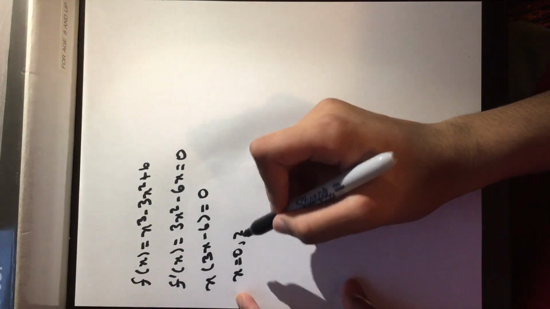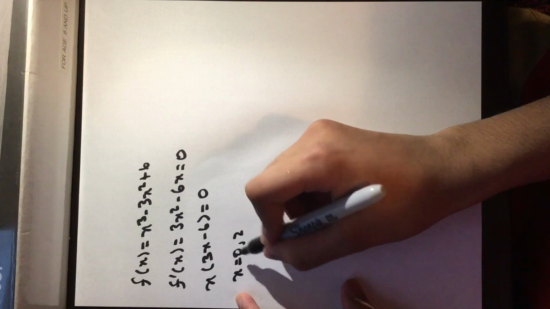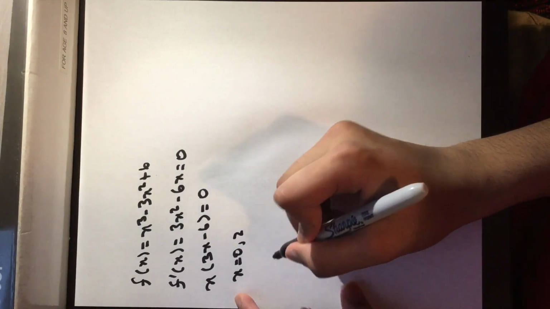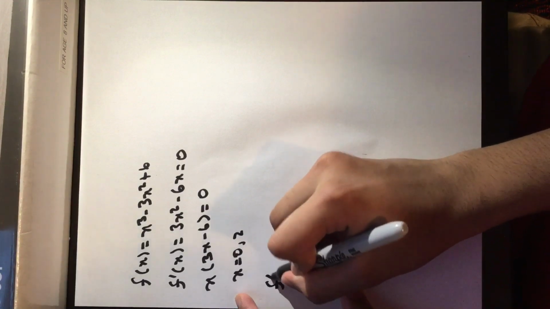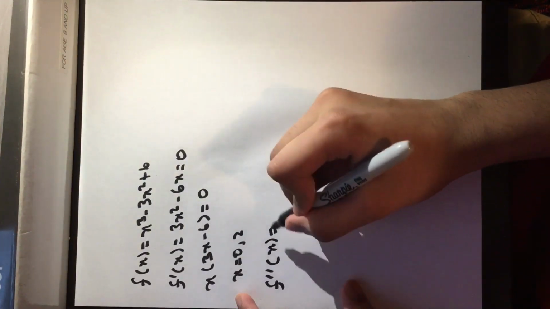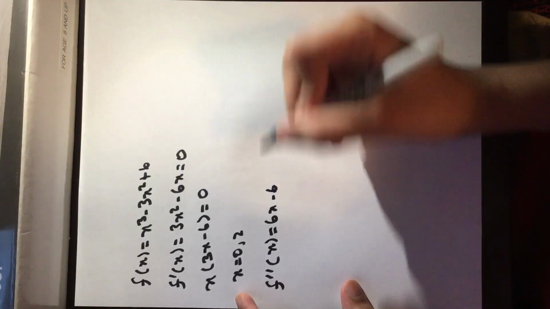We have found the critical points, but we want to know whether 0 is at a minimum or a maximum, and the same for 2. So we can use the second derivative test. So we take f double prime of x, and this equals 6x minus 6, and we evaluate for 0 and 2.